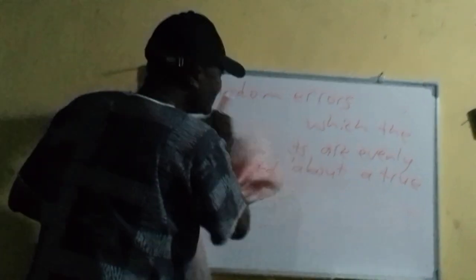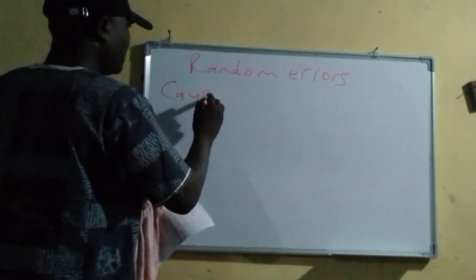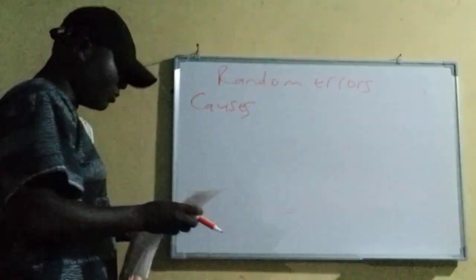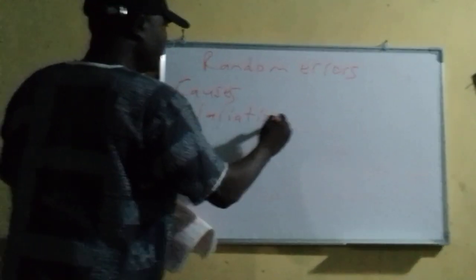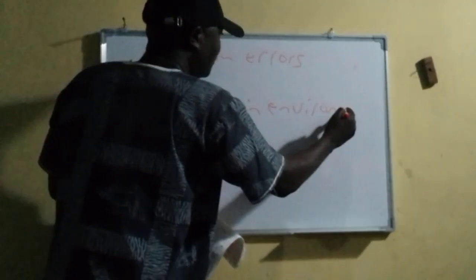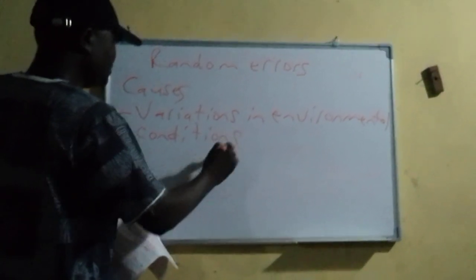Causes of random error. Random error can be due to variations in environmental conditions.